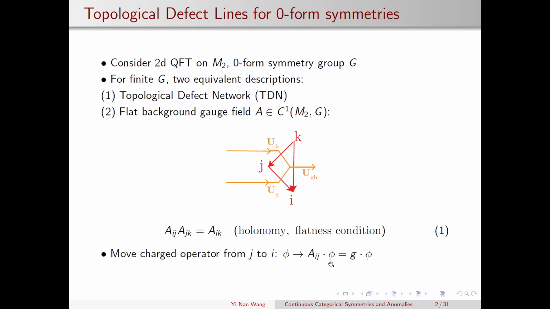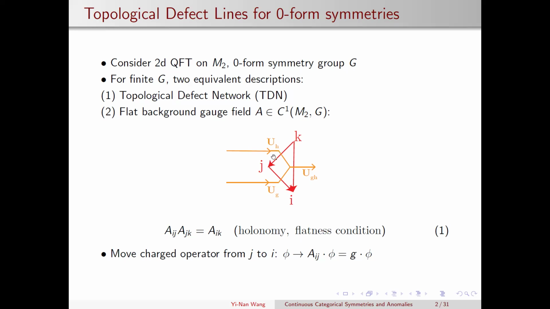Equivalently, you can also say that it's acted on by the value of this holonomy A_ij, or the value of this gauge field along this edge, so it also becomes A_ij dot phi, because after all, A_ij and little g are the same thing, just the same group element.